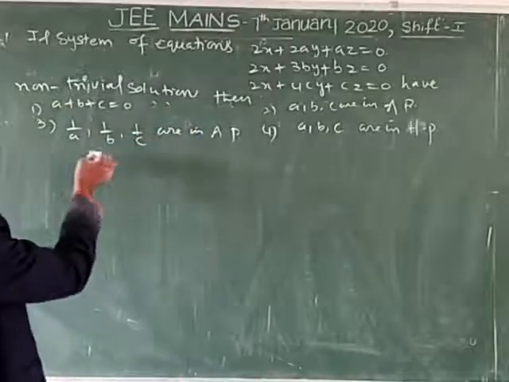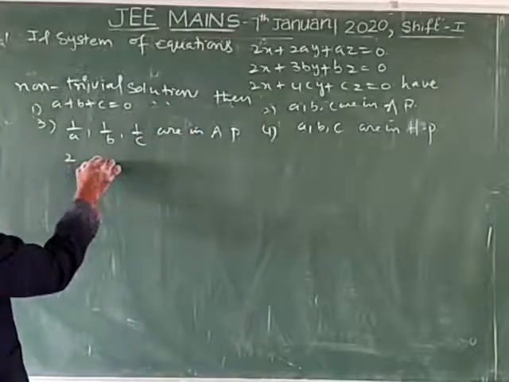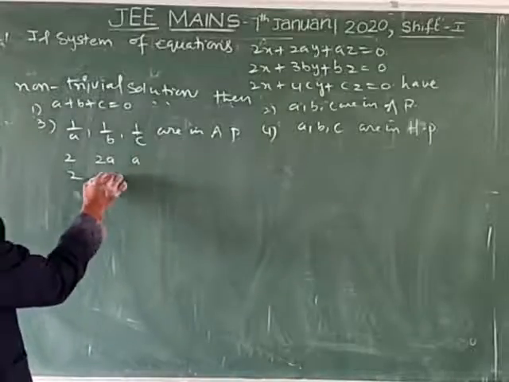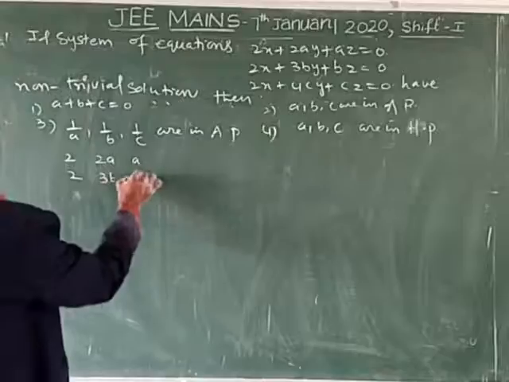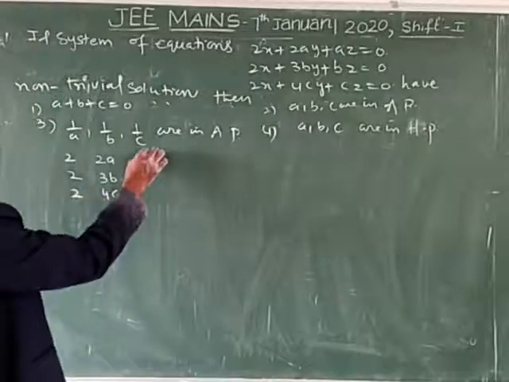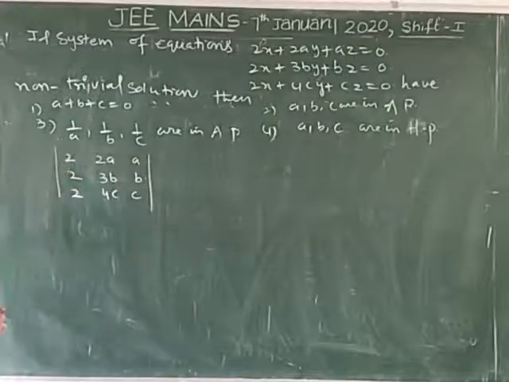Now see here, you have to write it in matrix form: 2, 2a, a; 2, 3b, b; 2, 4c, c, equal to 0.